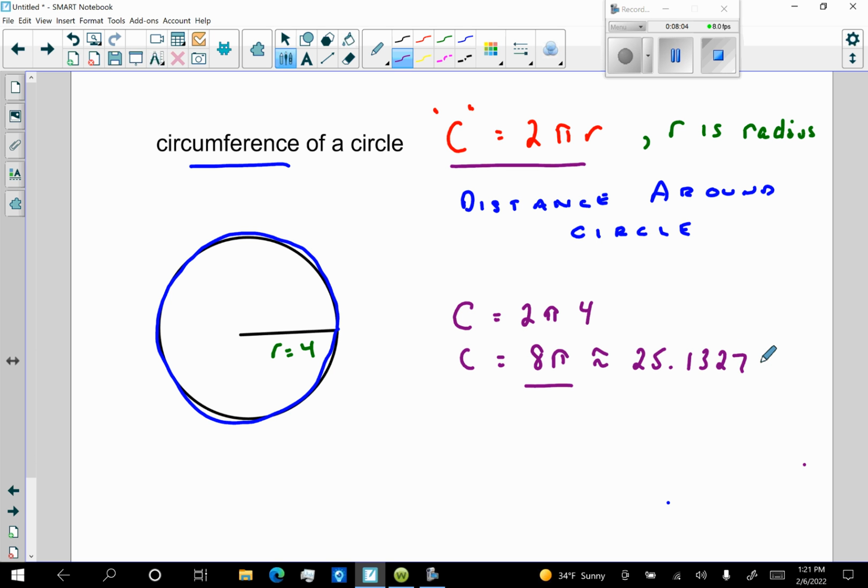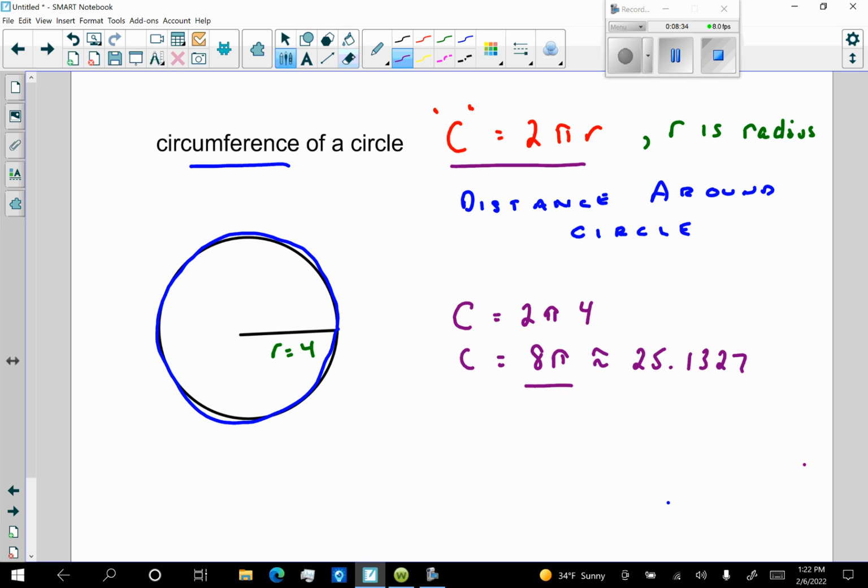We've been using 3 or 4 decimal places in our discussions mostly, so we're going to continue to use 3 to 4 decimal places. Or if you want to write it exact, you can write it as 8 pi. So that's the circumference.